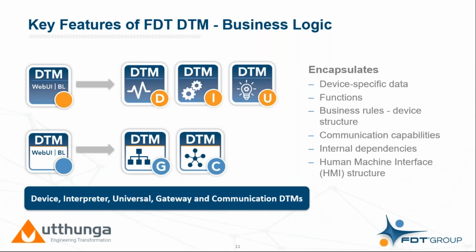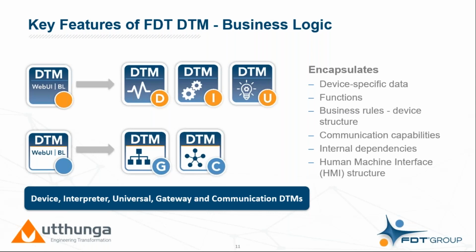It has all the device-specific data and functions. There's all the business rules contained inside of there so that you can't set configurations that simply make no sense or that are out of range and those kind of things. It handles the communication from the driver to the network, and any internal dependencies are addressed as well.